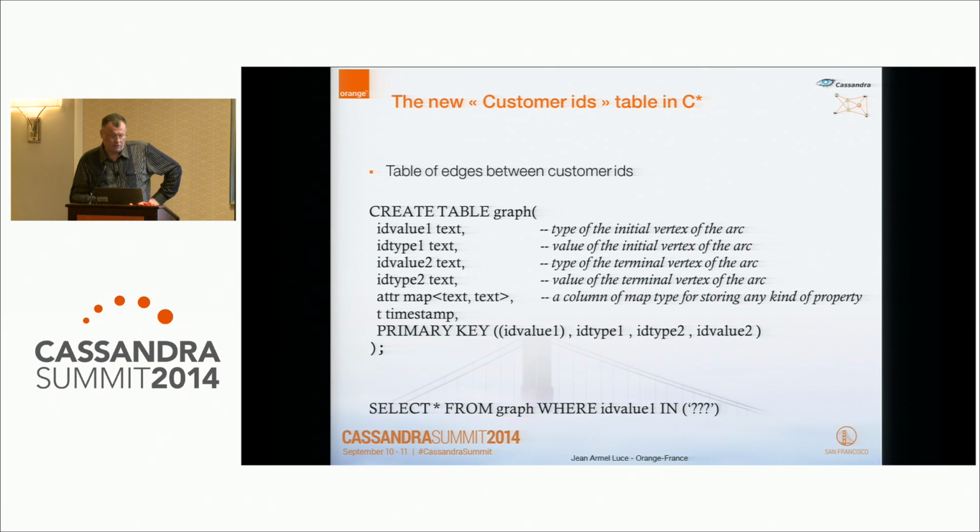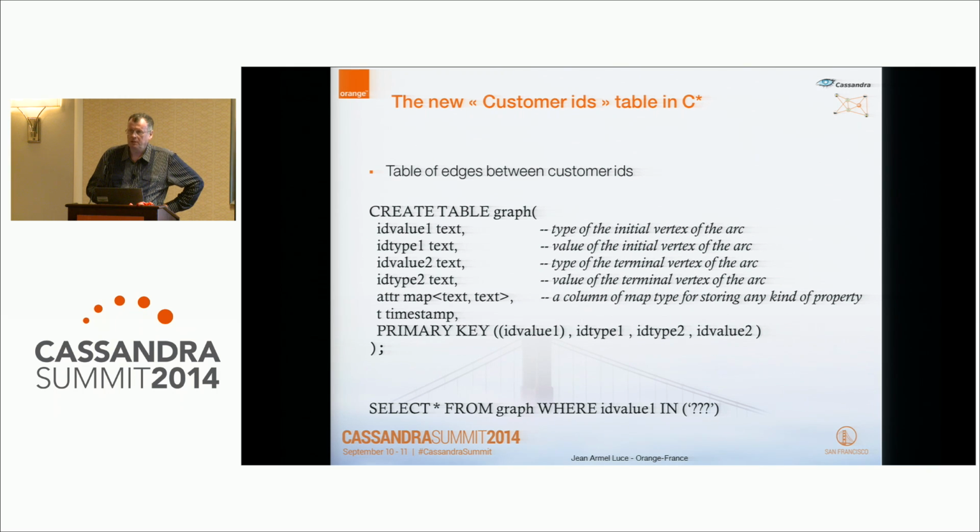So we have a primary key, the compound key, made of 4 columns: the type and the value of the initial identifier of the edge, and the type and the value of the final identifier of the edge. We have added a column of type map, that we use for storing any kind of information which is relevant for the graph exploration.